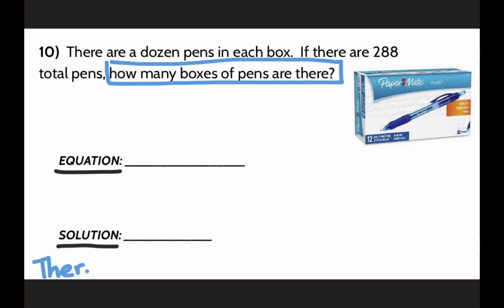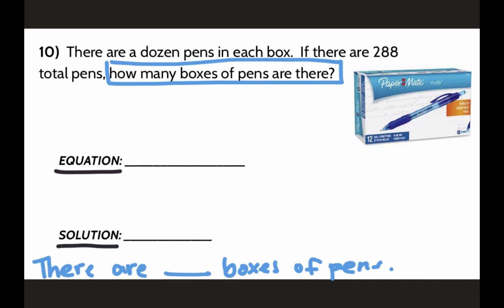There are blank boxes of pens. We now know that our variable is going to be referring to boxes. That represents a number and we don't know what that number is yet. Let's go line by line, look for key operation words or phrases and important numbers.